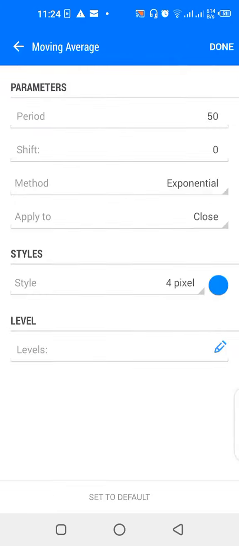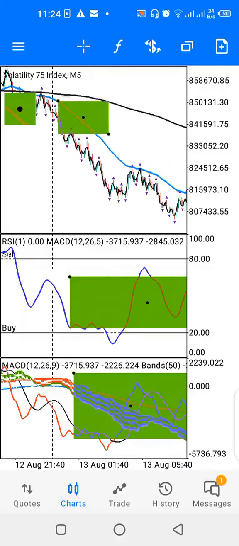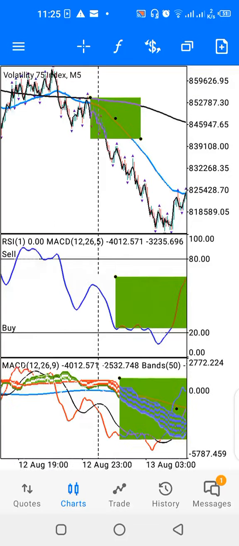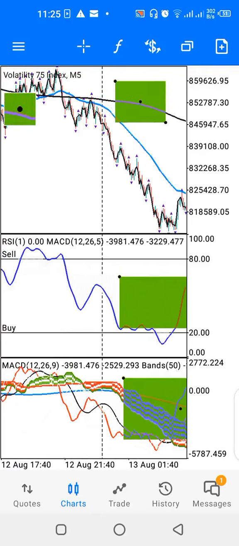So when the 50 moving average, which is the blue line, crosses down below the 240 period, I look for short trades. I go short, so I try to sell.